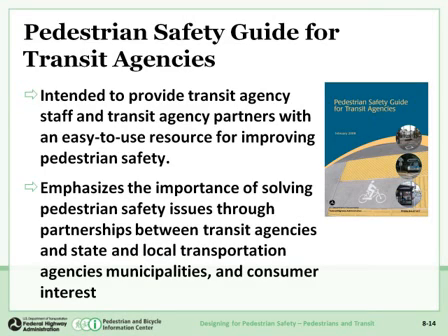The other point is that this guide really emphasizes using the partnership process to discuss, determine, and find measures to address safety issues for pedestrians. We showed an example before where continuity of the pedestrian network was not maintained.